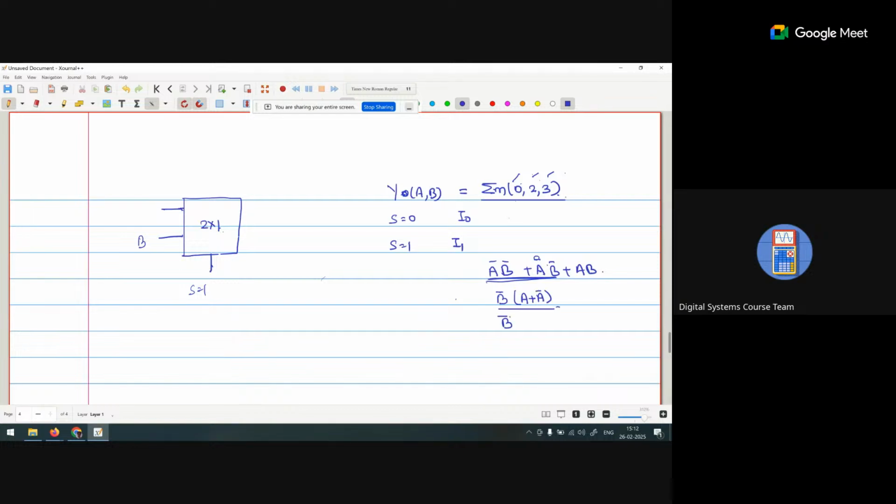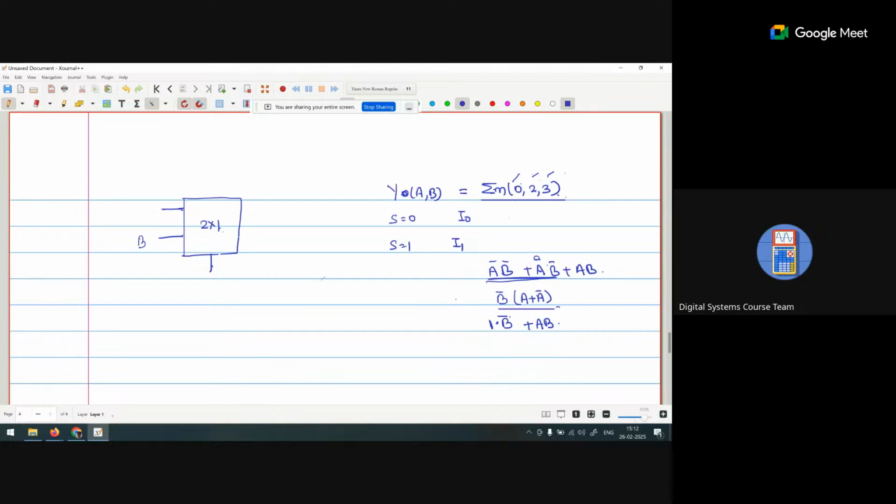Okay, so B bar plus AB. Is it clear? Yes, sir. Okay, if I multiply B bar with 1, is there any issue in that? I think no. Okay, I think there is no issue.